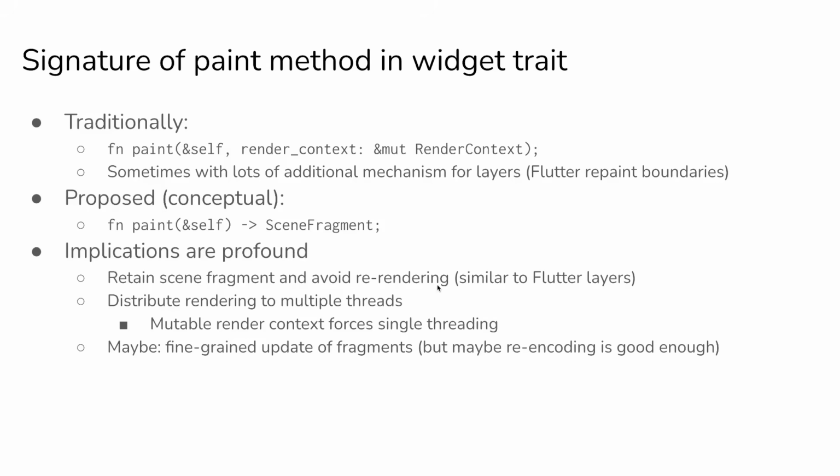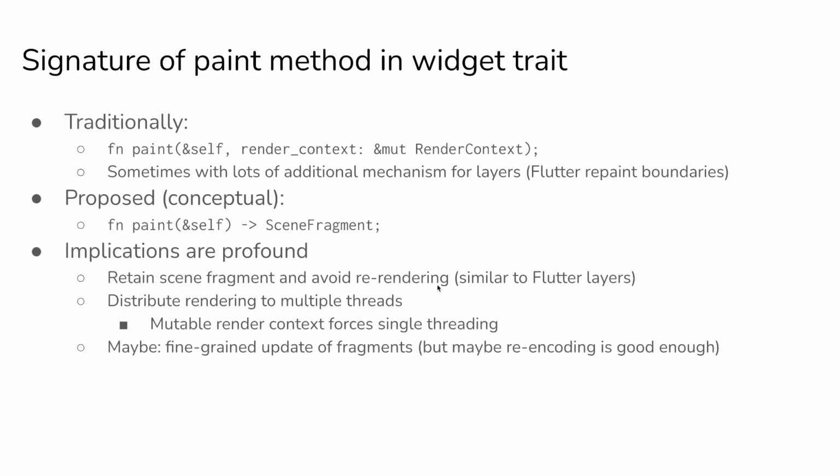Here we're really generating a scene fragment in the paint method, and so you're not re-rendering the same stuff all the time. If the widget isn't updating, then you're not going to call paint again. You're going to use the same scene fragment that you rendered before.